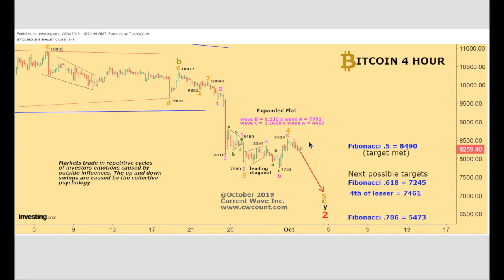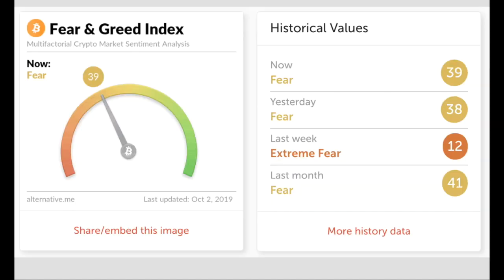Usually these volatile instruments like Bitcoin like to hit a key mark, go below it, dip, then come back. If you look at the crypto fear index, last night it was at 39. So even though there's a bit of fear, we don't see fear that is distinctive, that could be the turning point. We'd like to see this fear index in single digits, probably 1, 2, 3, 4, 5, 6 area.